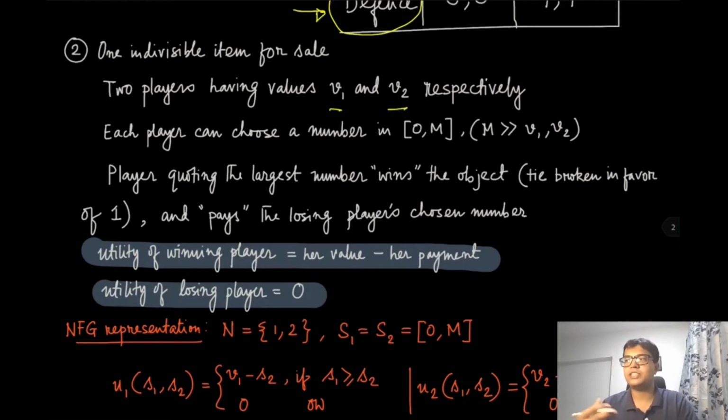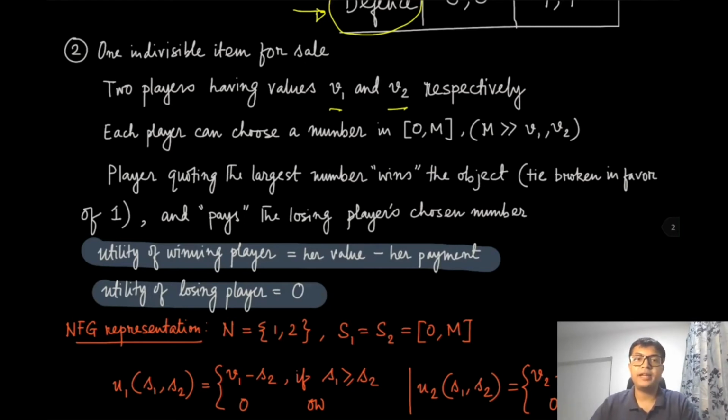So you can imagine how satisfied or happy they become if they get that item, and that is represented by this number. And the protocol is as follows. They can choose a number between 0 and m, m being a very large number, much larger than V1 and V2. Within this range from 0 to m, each player can choose one number. Picking this number is essentially their strategy.